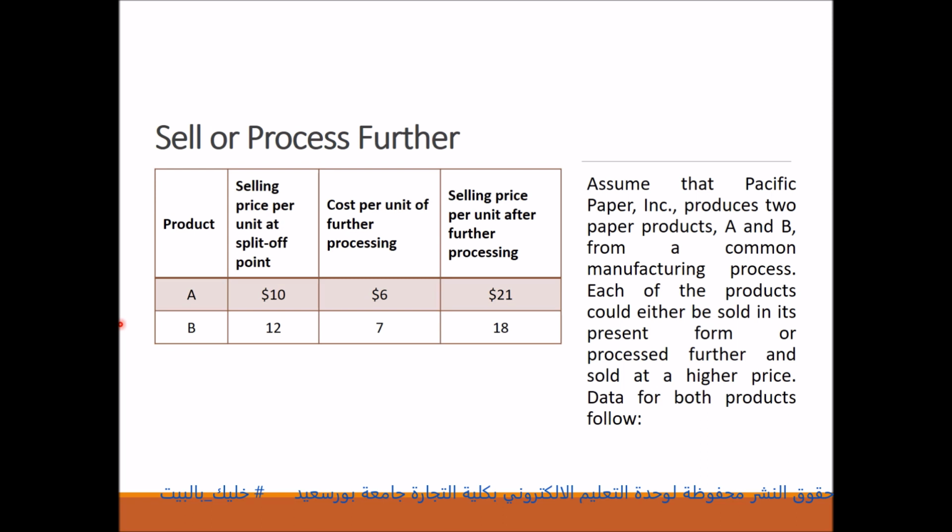Pacific Paper produces two paper products, A and B, from a common manufacturing process. Each of the products could either be sold in its present form or processed further and sold at a higher price. Data for both products follows.